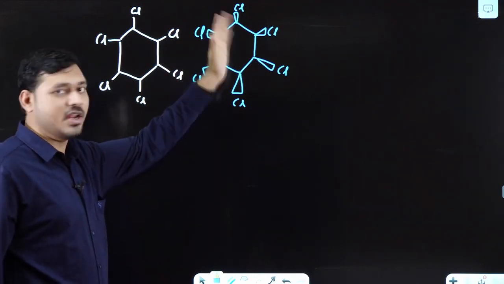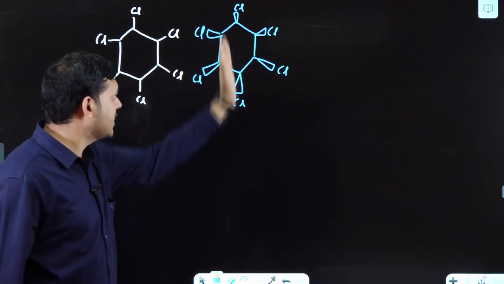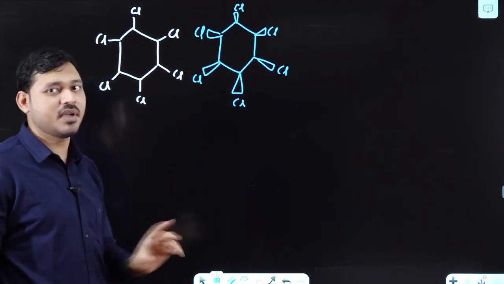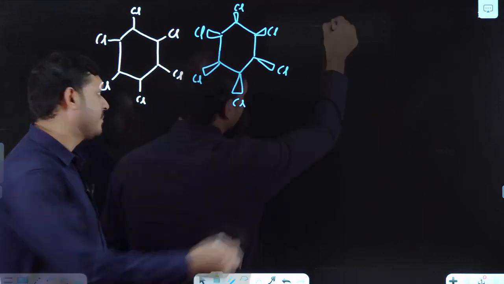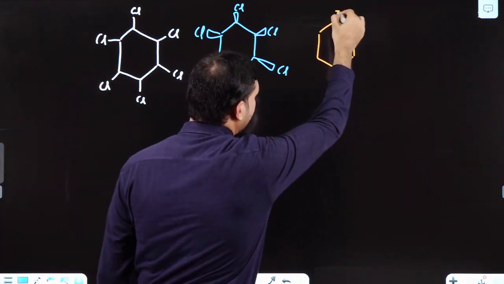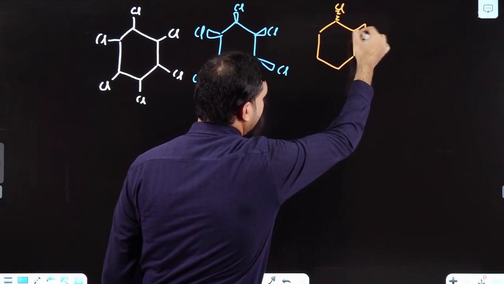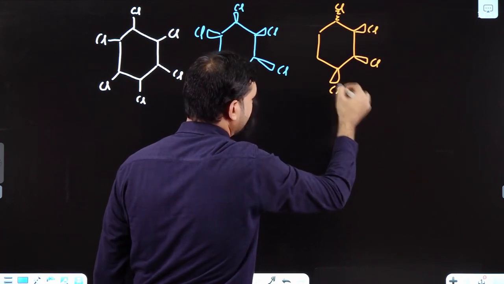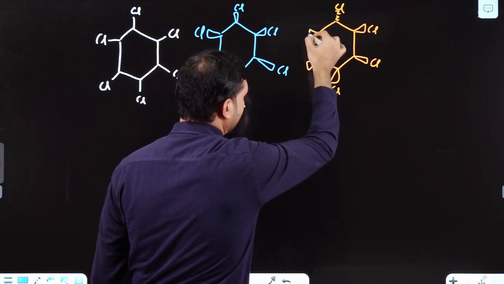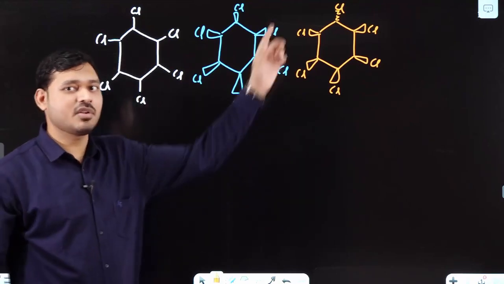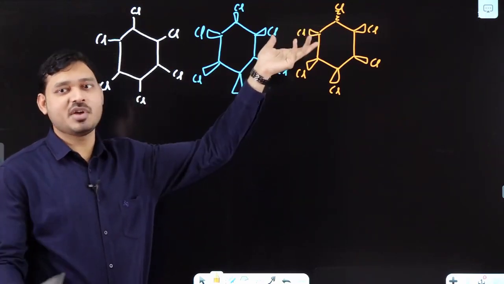Here we are having a plane of symmetry. See, if you cut like this, either this part or this part, in that way you are having a plane of symmetry. Okay. Now I am taking one chlorine on a different side. See, when I say one chlorine on a different side, it may be any of the chlorines, right?